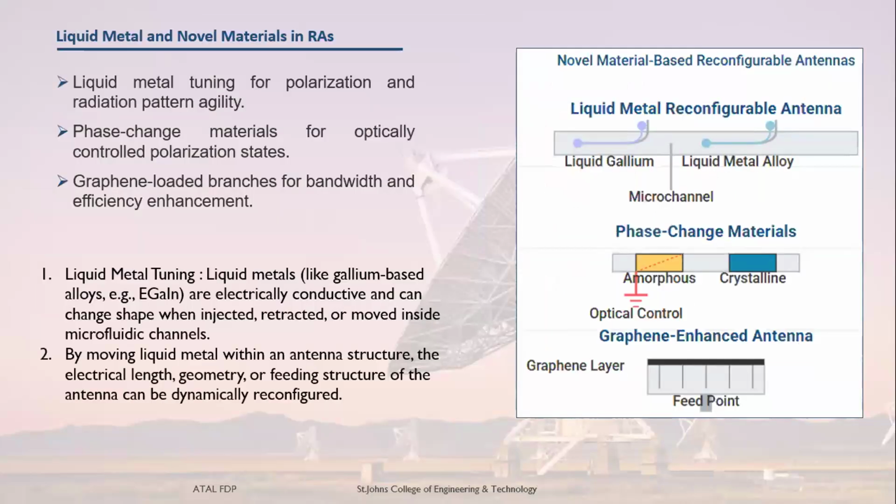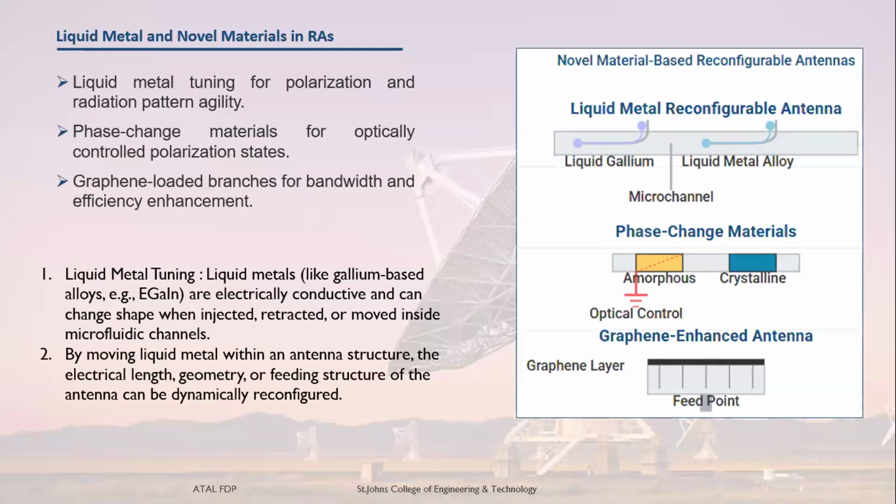Now coming to the liquid metal, we were talking about changing the structure of the antenna. But here I am trying to change the material characteristics. I am injecting some liquid metal into the antenna structure.